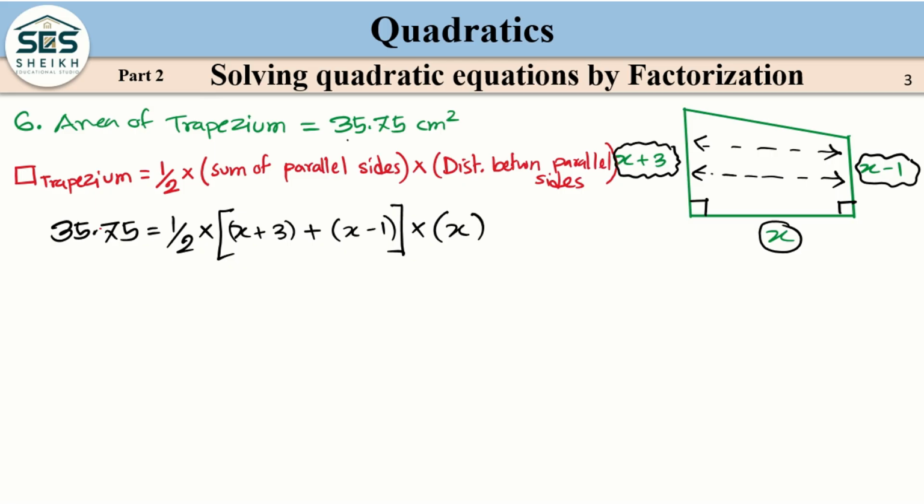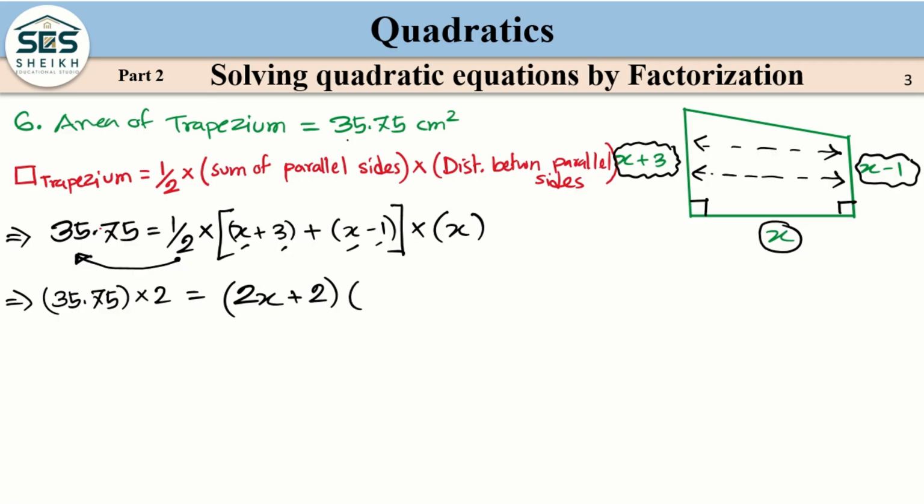So what we can do is bring these two from this side to this side. So it will be 35.75 times 2 is x plus x is 2x, and 3 minus 1 is plus 2, and we have x here.